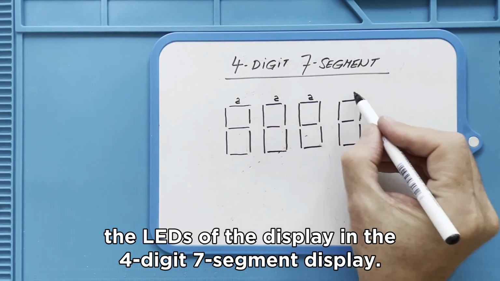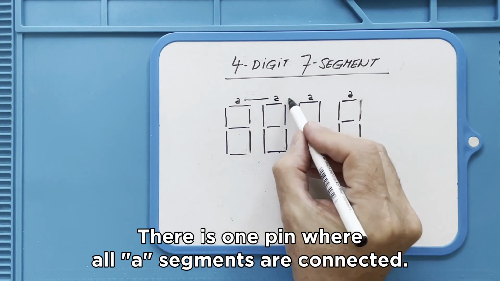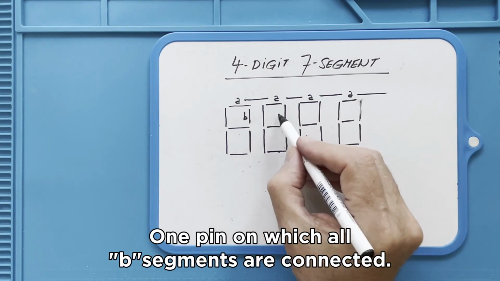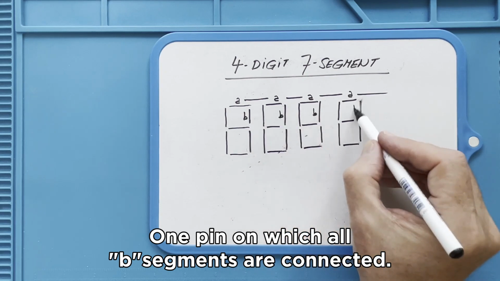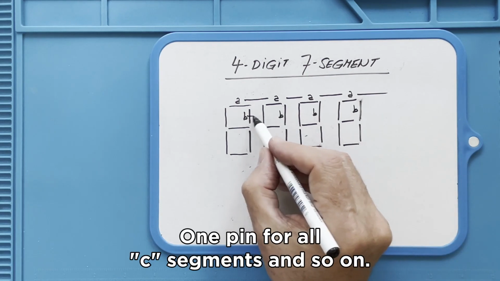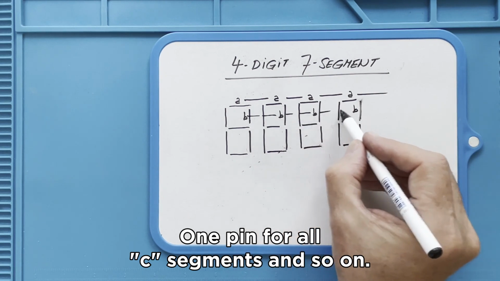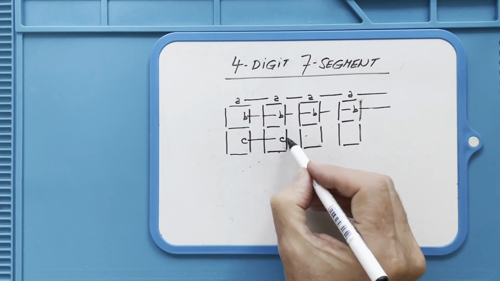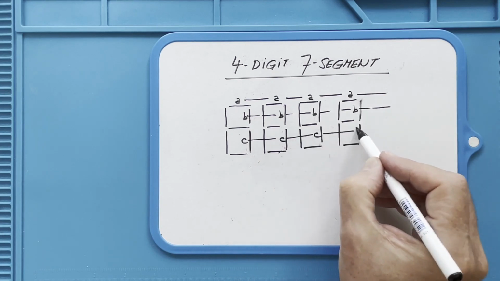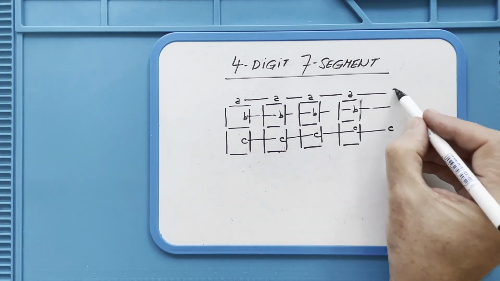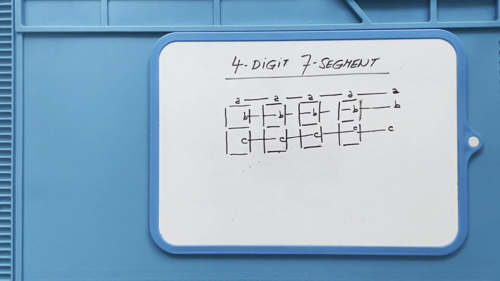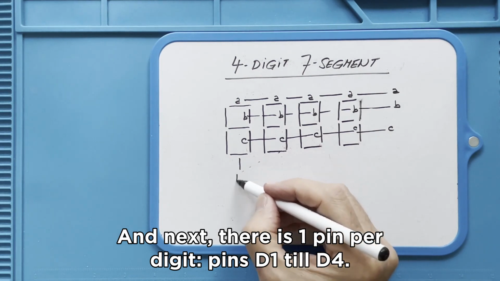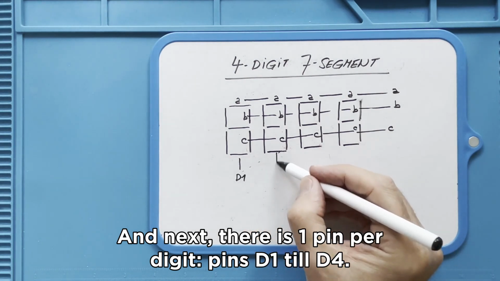In the 4-digit 7-segment display, there is 1 pin where all A segments are connected, 1 pin on which all B segments are connected, 1 pin for all C segments, and so on. And next, there is 1 pin per digit, pins D1 till D4.